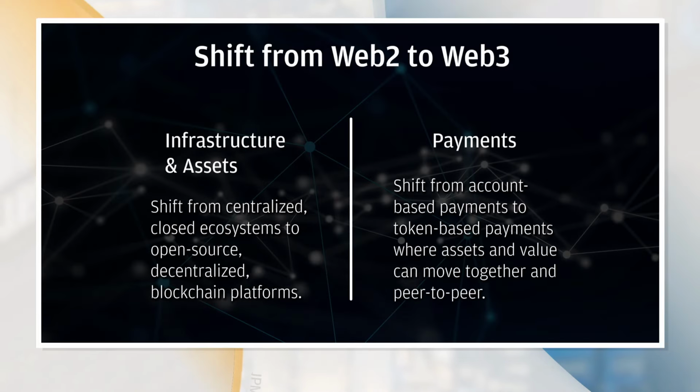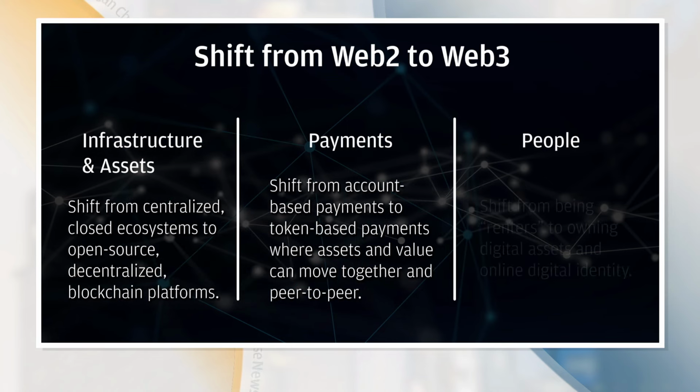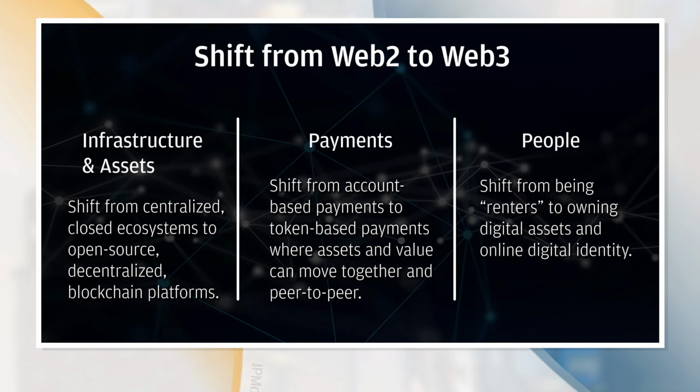Again, moving from these closed ecosystems where payments are largely account-based to a token-based model where assets and value can move together and peer-to-peer in a much simpler fashion. And finally, people. We see people actually demanding the ability to own their online digital assets and their online digital identity as opposed to being renters of the value that they're creating online.